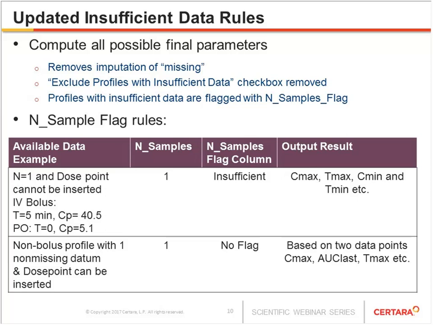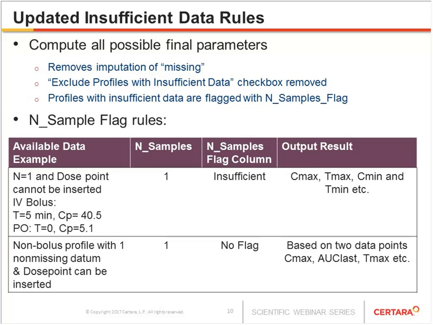So we've changed those and removed any imputations, and the exclude profiles with insufficient data checkbox has been removed. And now we have a new flag where we flag data with insufficient data using the n samples flag. And the n sample flag rules are shown below.